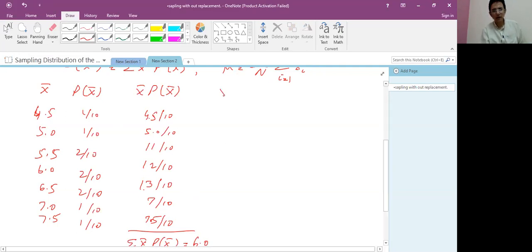Now the next column we will make, student, is for the sample variance, so x bar square into p of x bar.